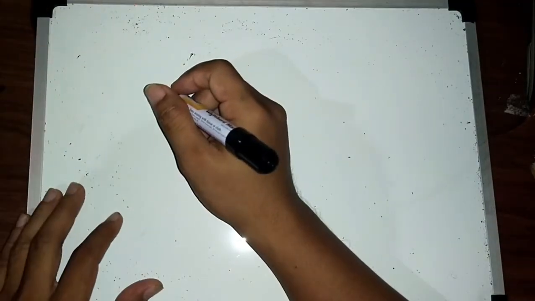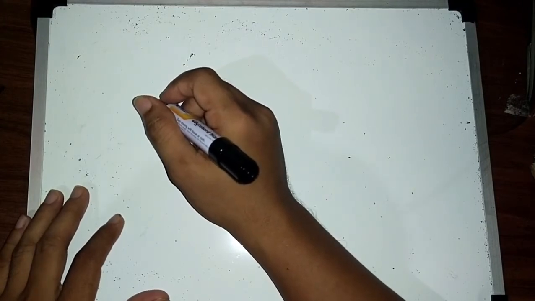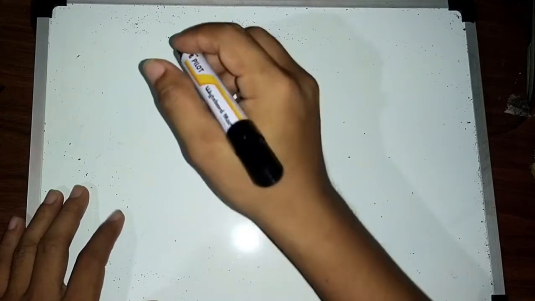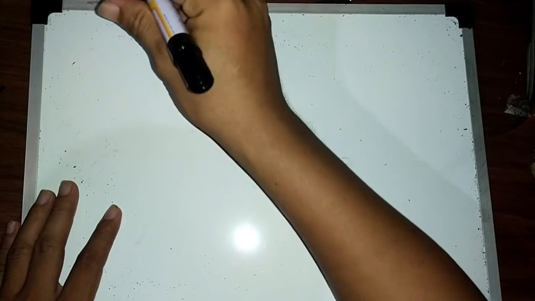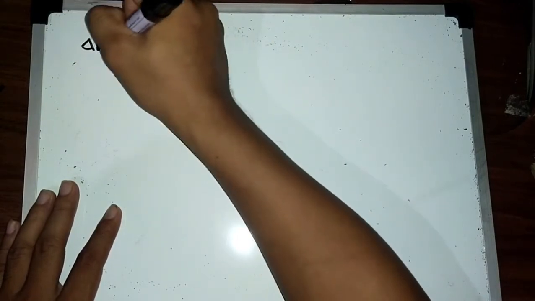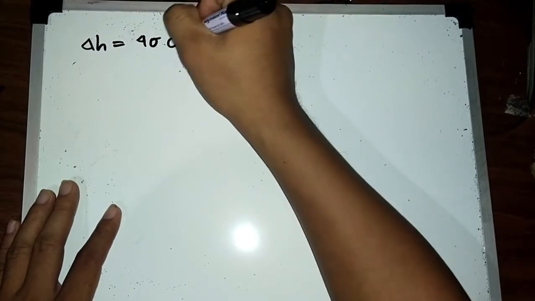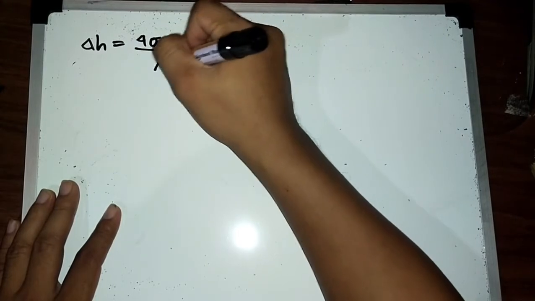Okay, so we now have the relation between the change in the elevation with respect to the diameter, the diameter inside the tube. So delta H is equal to 4 sigma cosine theta divided by rho g d.